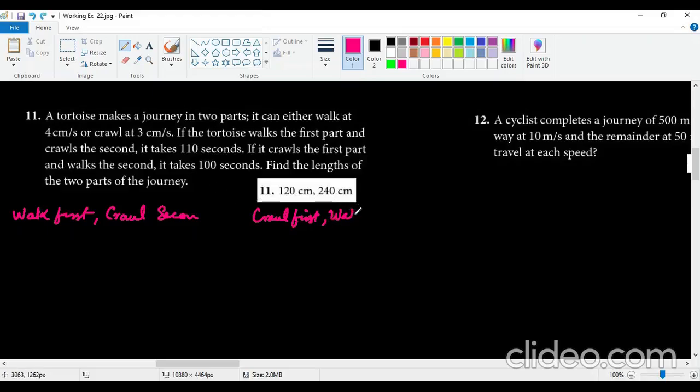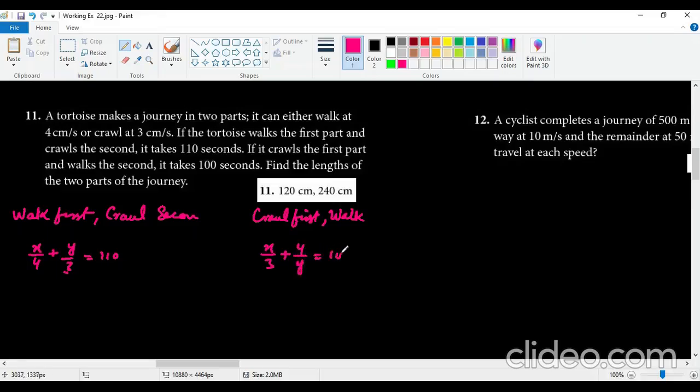So in the first part it says x over 4 plus y over 3 equals 110. Okay. Second part it says x over 3 plus y over 4 equals 100. So these are the two equations.